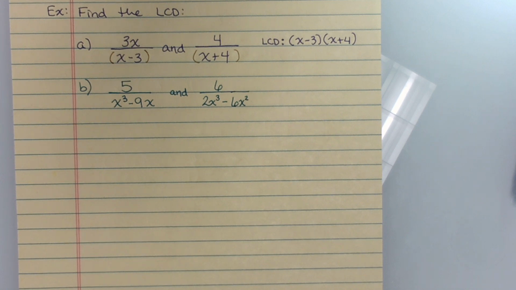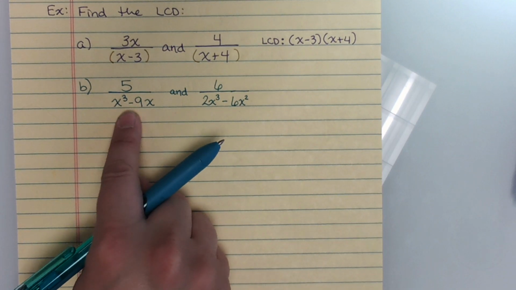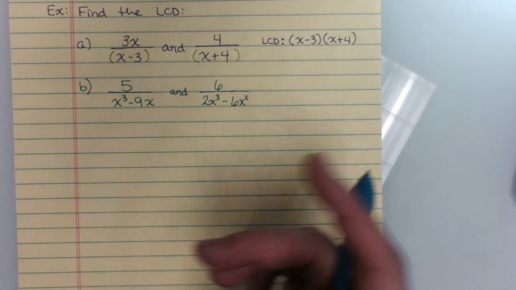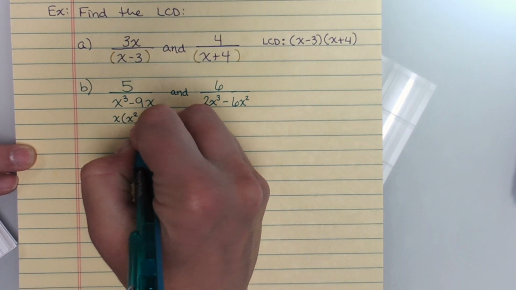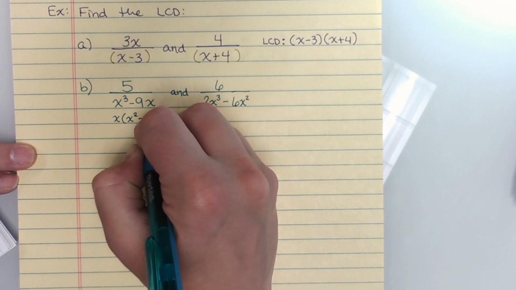Five over x cubed minus 9x and 2x cubed minus 6x squared. First off, can I factor the denominators? First one, what am I doing? Taking an x off. Leaves me with x squared minus 9.